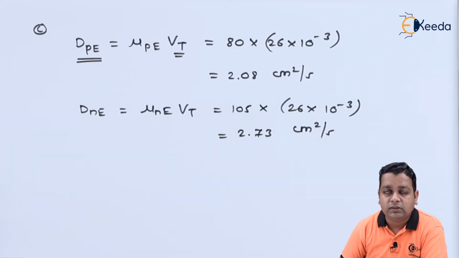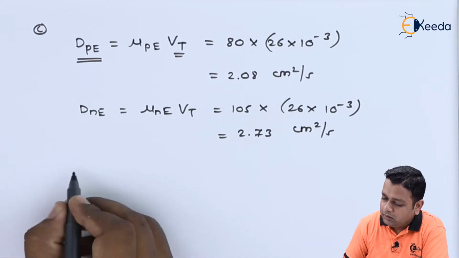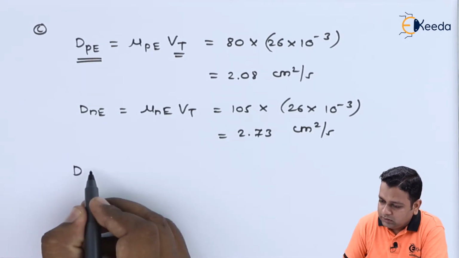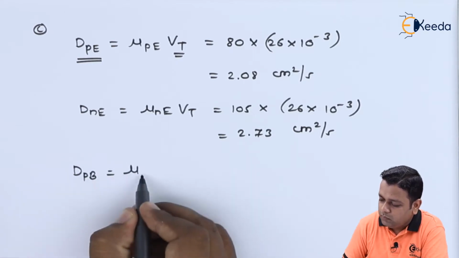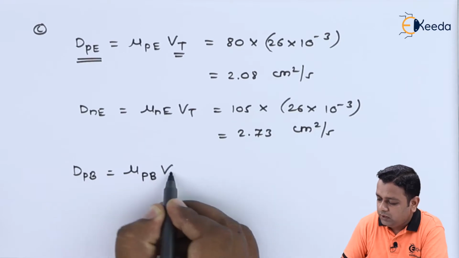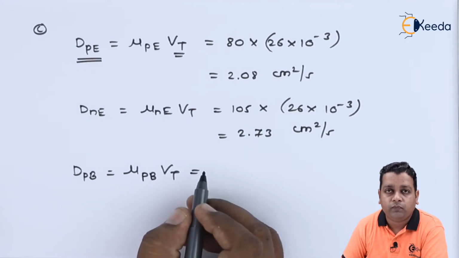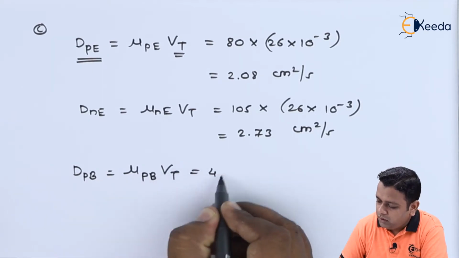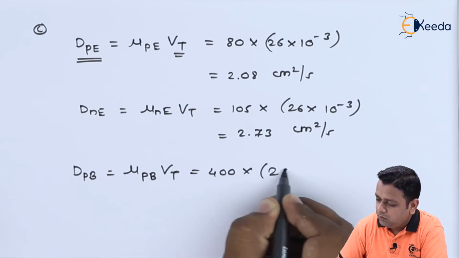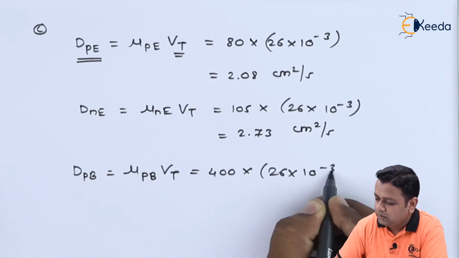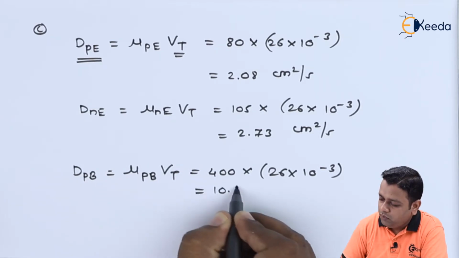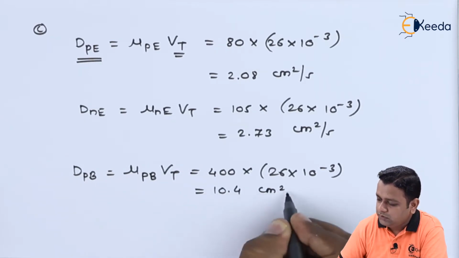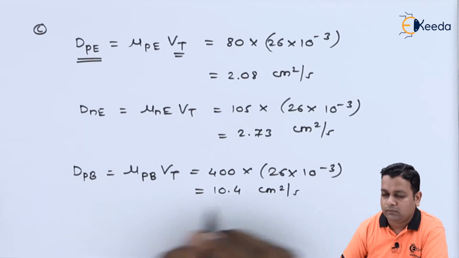For the base region, the coefficient is D_pB, a multiplication of μ_pB into V_T. So we have 400 into 26 into 10 raised to the power minus 3, and the value is 10.4 centimeter square per second.